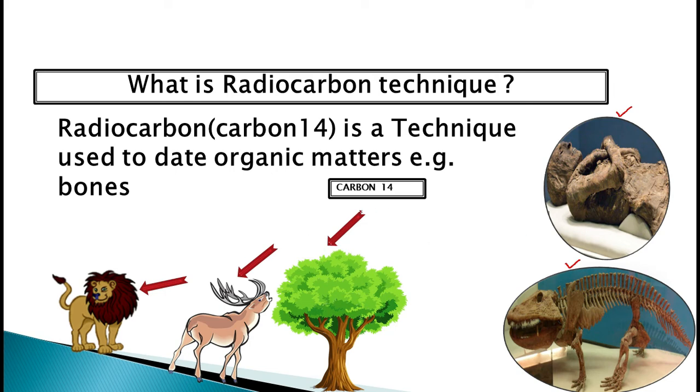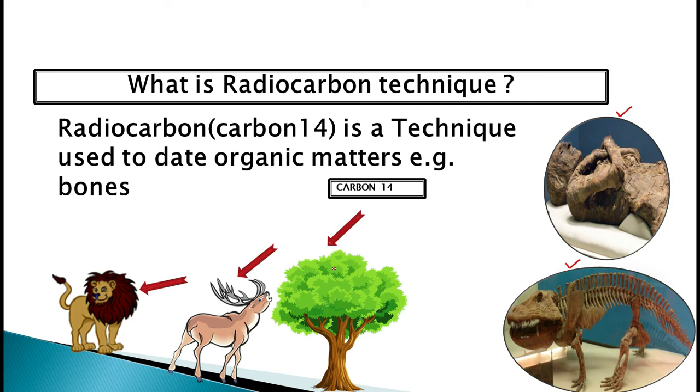There are different types of carbon found in the atmosphere, and out of these, one common form is carbon 14. It is found in the atmosphere and it is used by the plants.